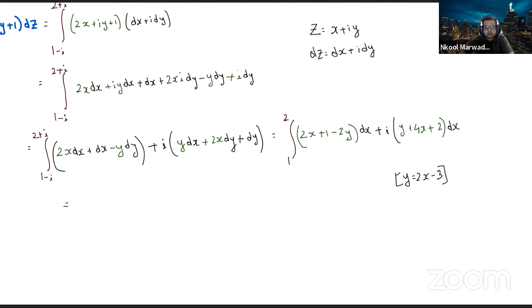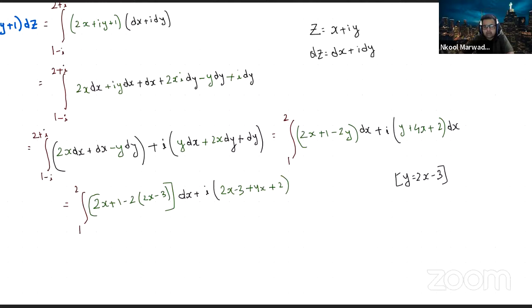2x plus 1 minus 2 into 2x minus 3, dx, plus i, 2x minus 3 plus 4x plus 2, dx.